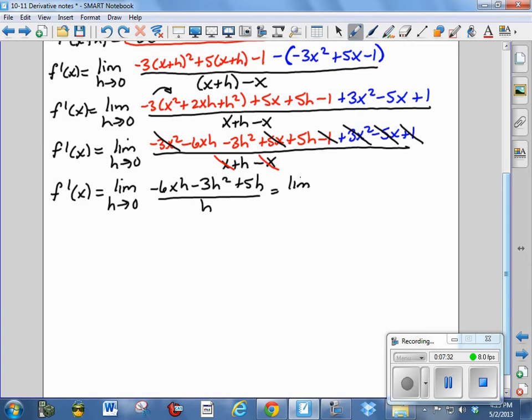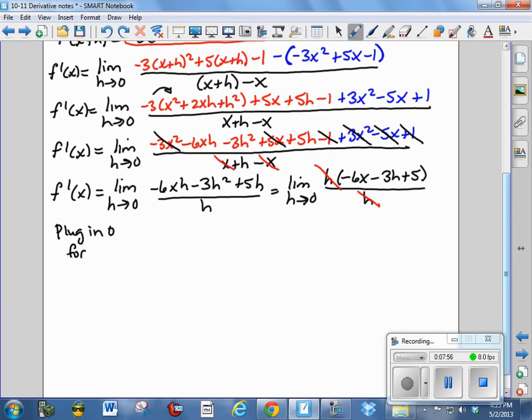If I factor out an h in the numerator, I get (negative 6x minus 3h plus 5) in parentheses, and I can cancel out that h I factored out in the numerator with the h in the denominator, and now I can plug in 0 for h in order to take the limit.